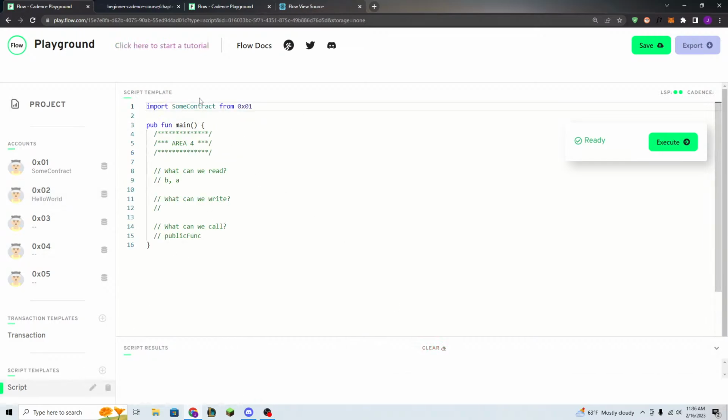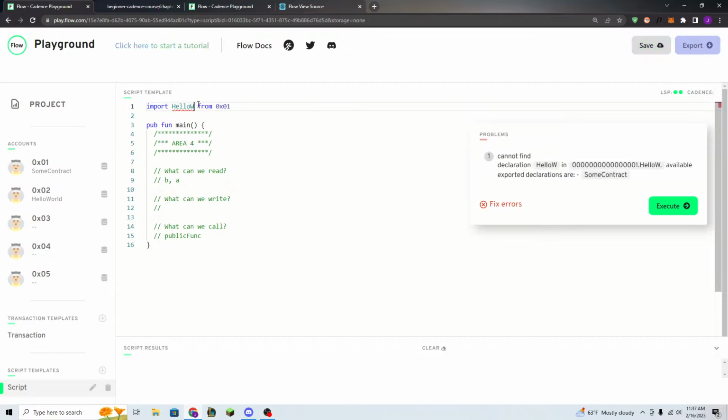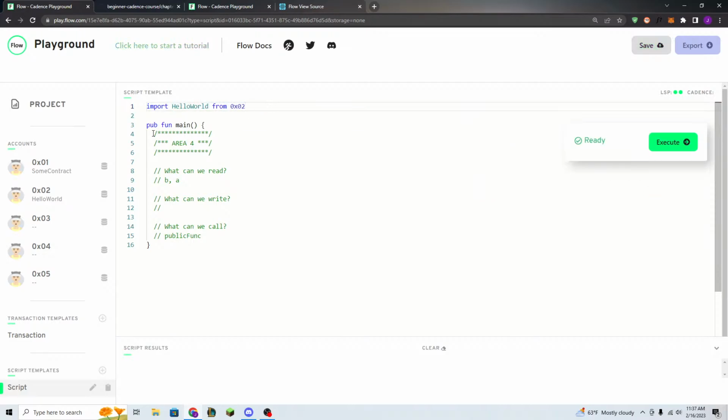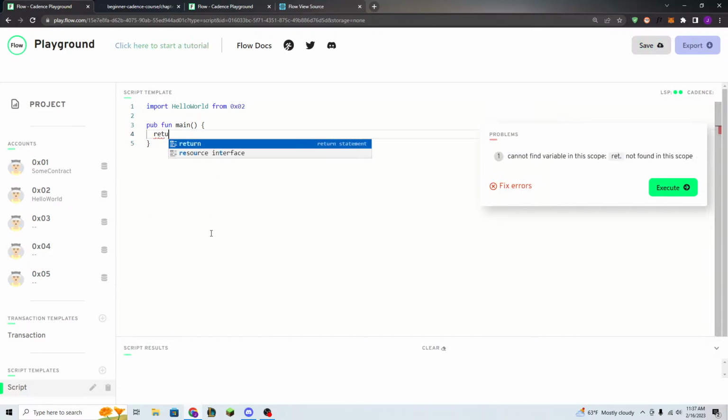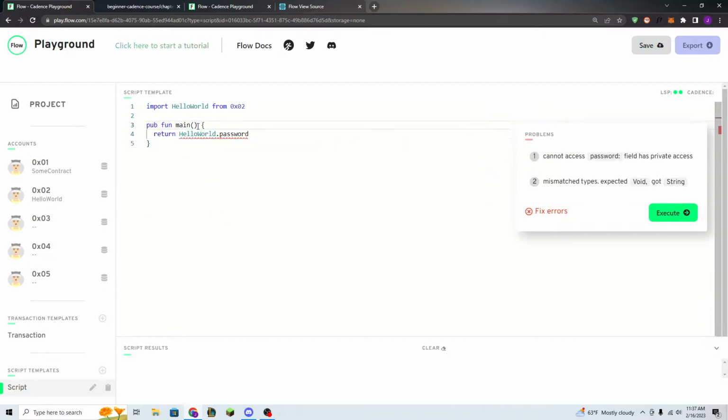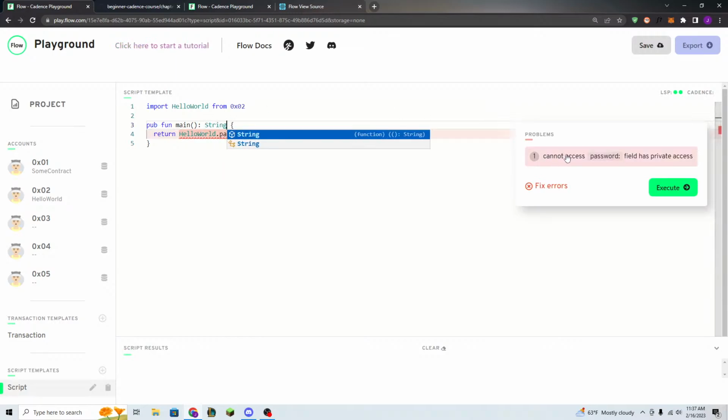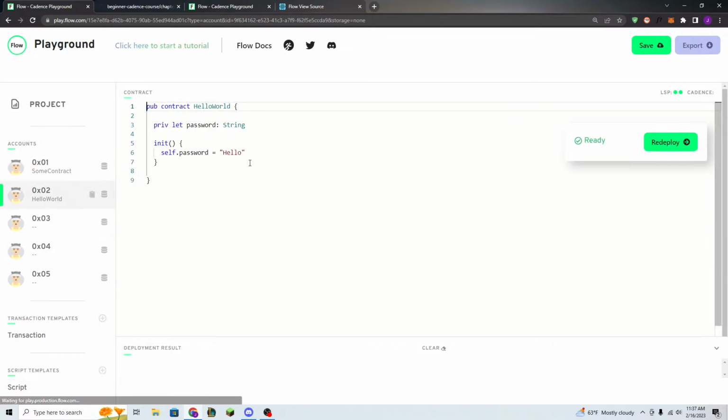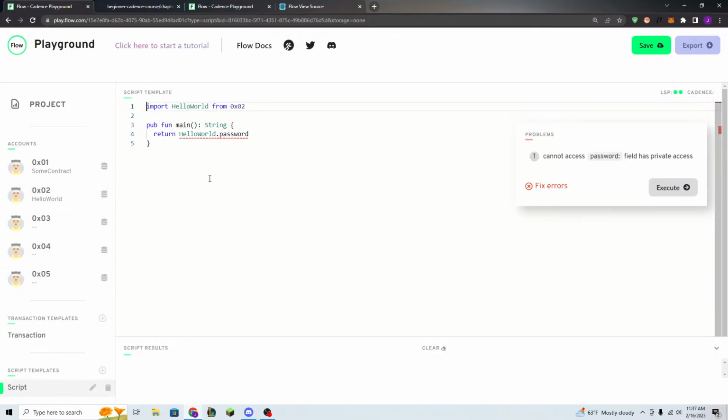I can't say import HelloWorld from 0x2, and then return HelloWorld dot password, which is a string. You'll say, oh, it's safe because we cannot access password. No, that's not true. I could technically still go to the blockchain, analyze the block data, and find this out. So don't get tricked into thinking that this makes things private. It's just in the context of Cadence code.